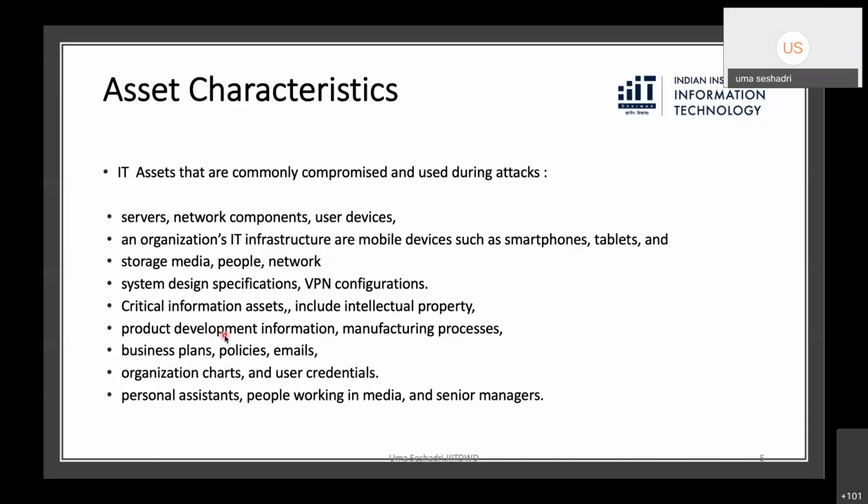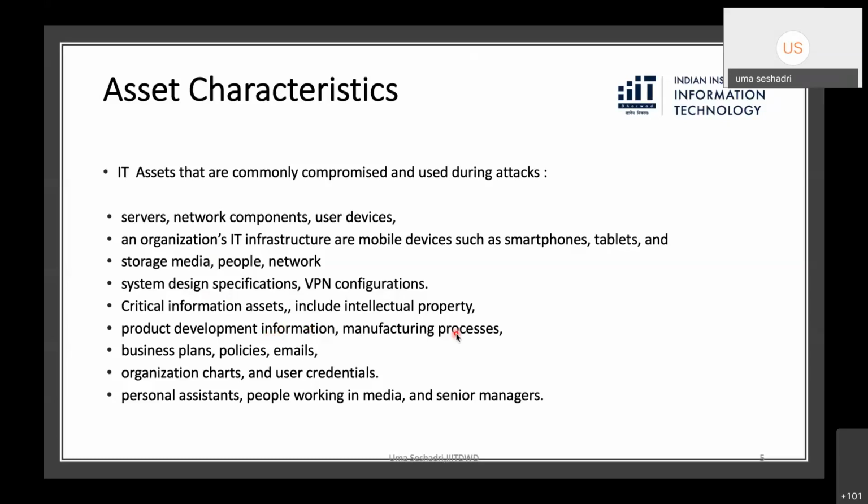For many manufacturing organizations, their important asset is product development. So all the information related to developing those design documents, or some of the patents related to their products, or the processes, they're all very important information. So this is also a digital asset.